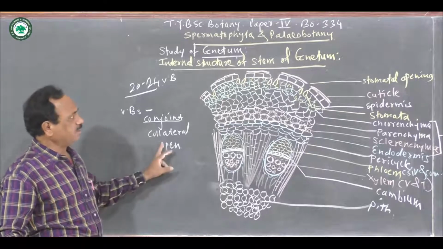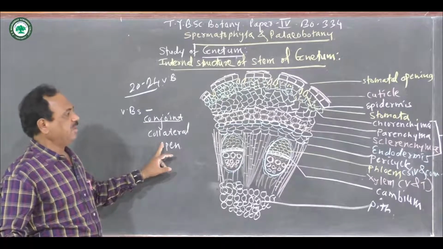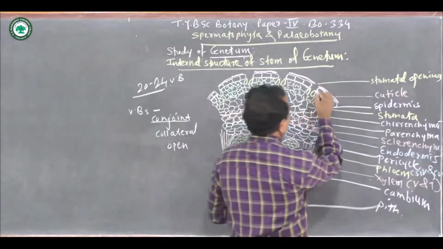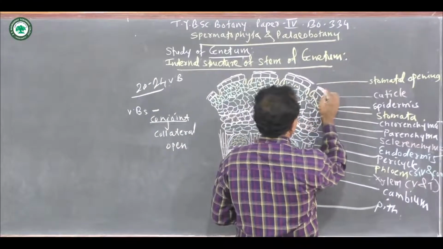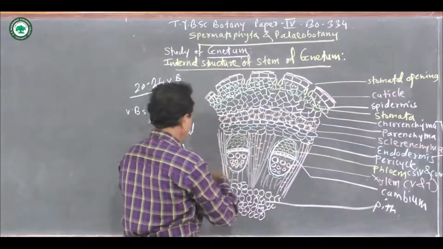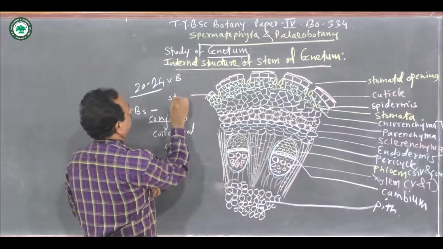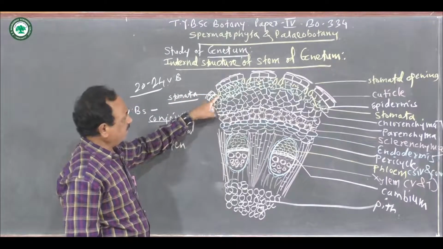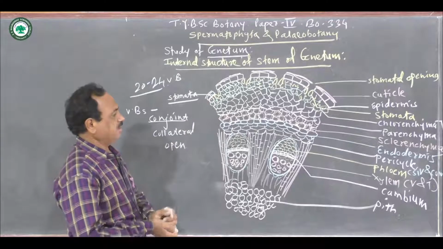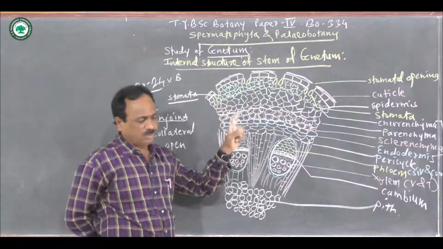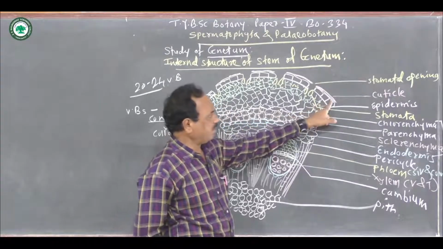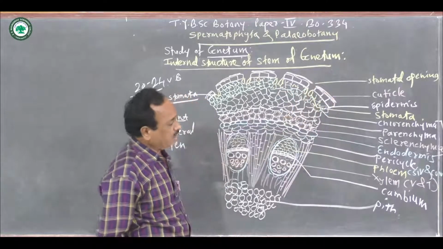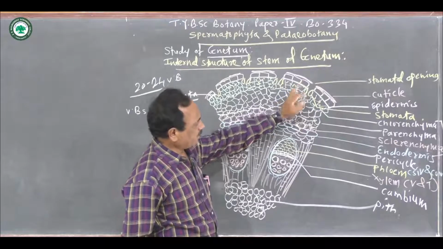So thus here this is about the internal structure of the stem of Gnetum. So here these are the stomatal opening, and here this is the stomata. As I told you, it is sunken into the tissue. So this internal structure of the stem of Gnetum shows the presence of the epidermis covered by a thick layer of cuticle, interrupted by the stomata, which are sunken.